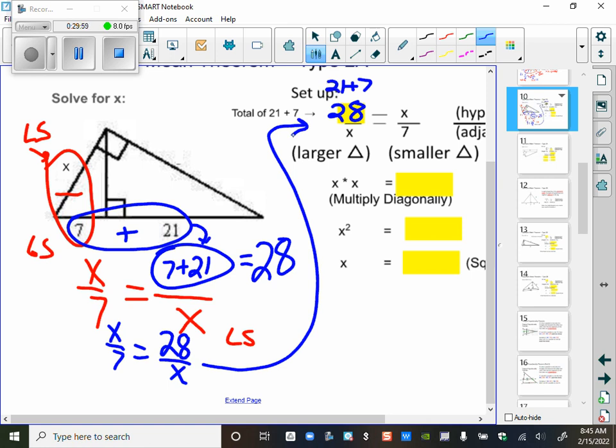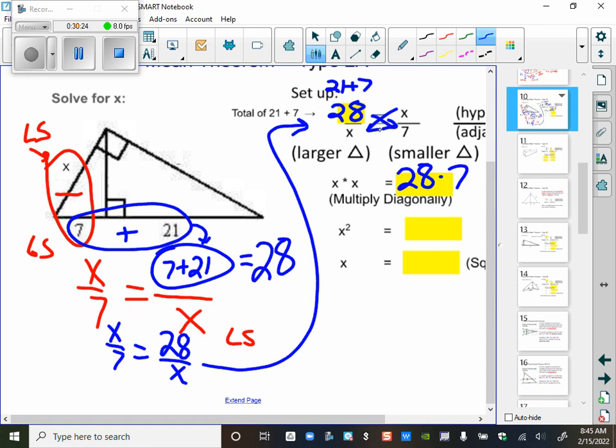Now we're at a point. Here we go. You multiply 28 times 7, because now we're at our diagonals. Boom. Just like we multiply x times x. But who can tell us what is 28 times 7? Type it in your calculator.